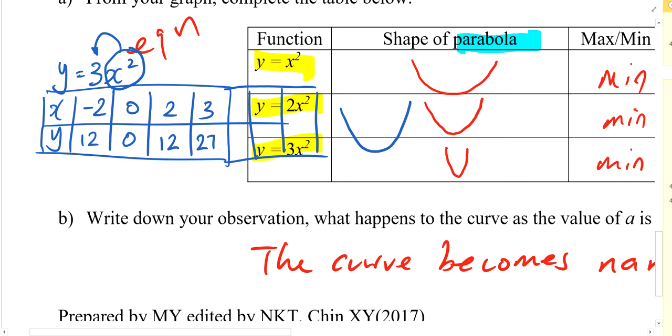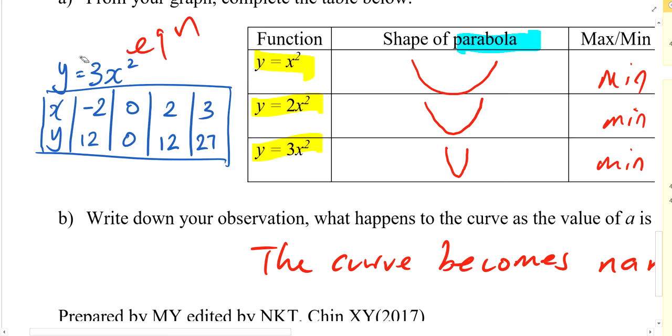Let us compare with another case where we have a negative coefficient for x squared. This time, let's use y equals negative 3x squared. What happens when x equals negative 2?